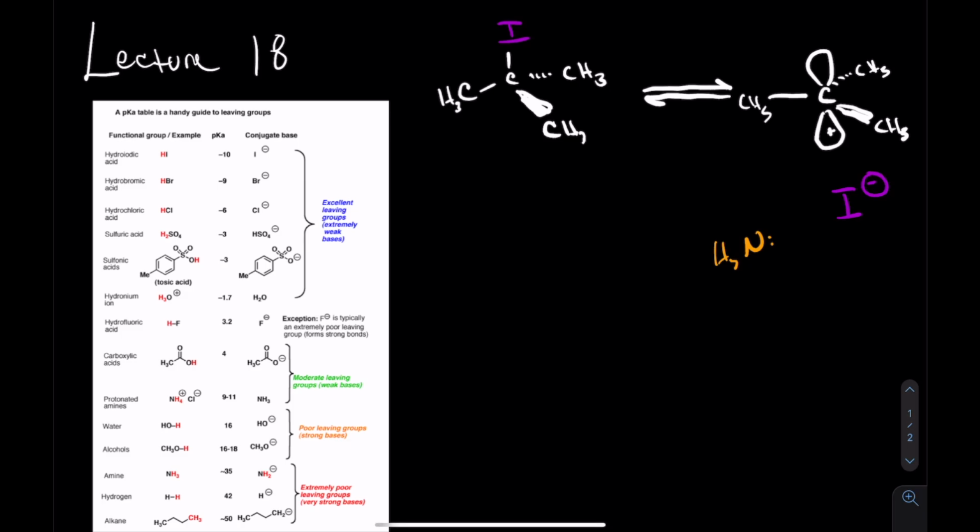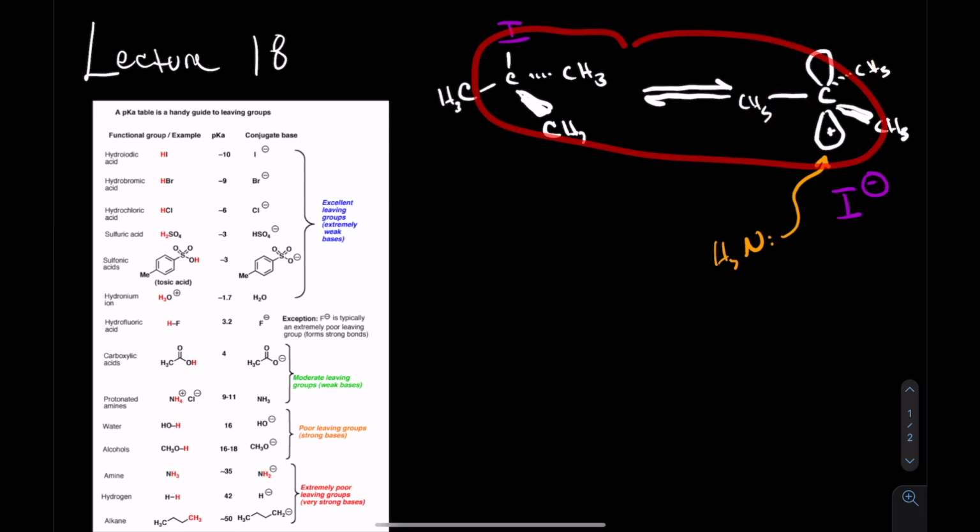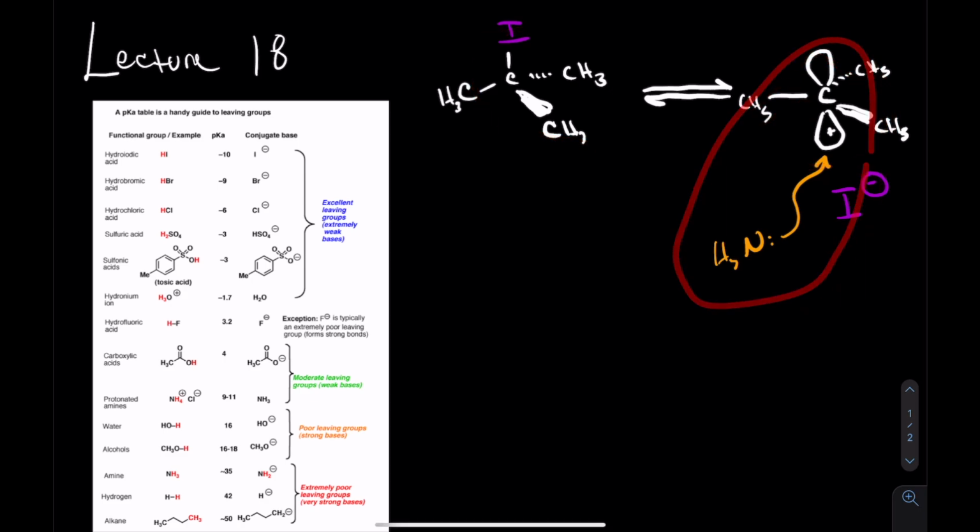This can come in and attack right here. And what's important is that this is incredibly fast. This equilibrium is slow, but this attack is going to be fast because you have an open p orbital that anything can come in and attack. If it's got a lone pair or a negative charge, it's got a full octet, but it's still too electron rich and it wants to dump some of that. That is going to be a very fast process, at least relative to the formation of the carbocation.